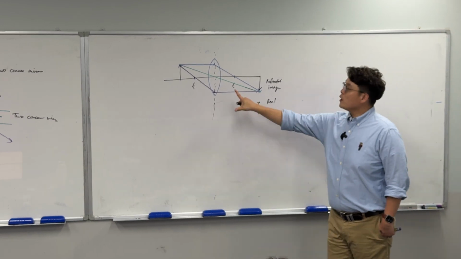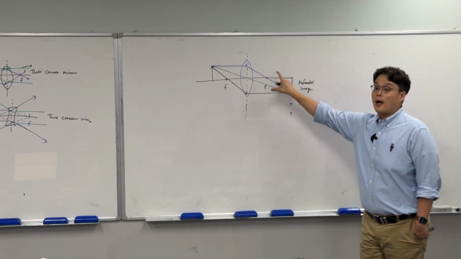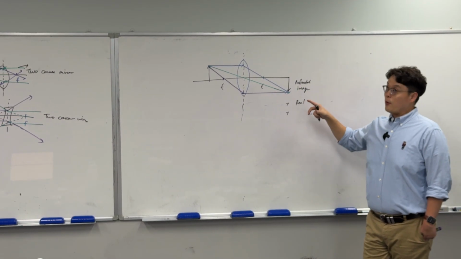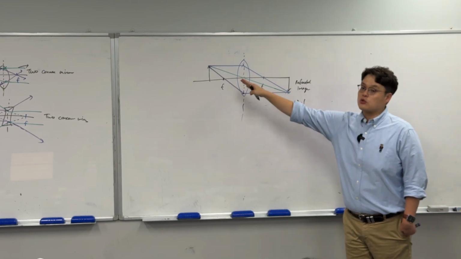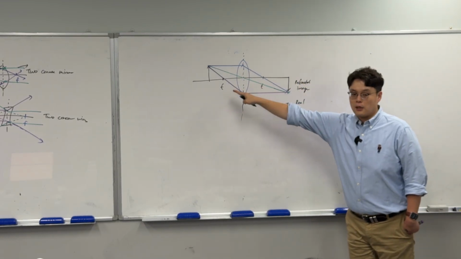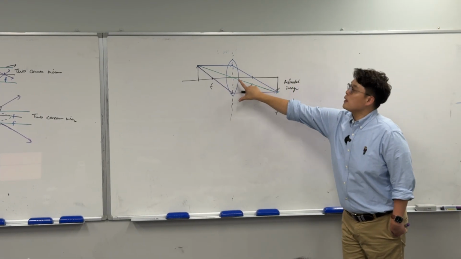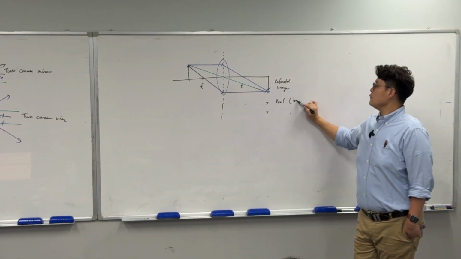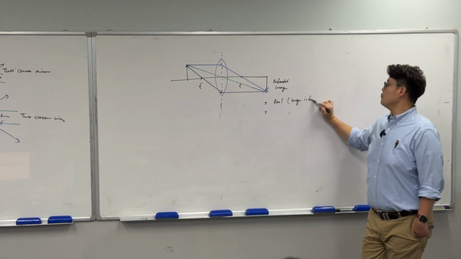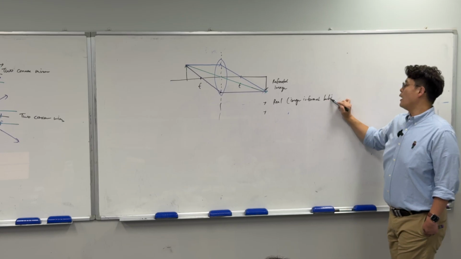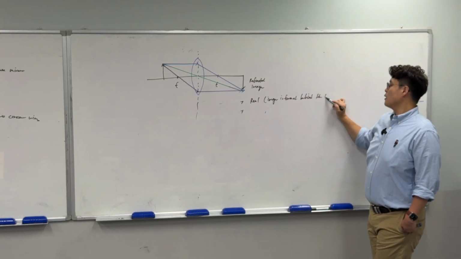Okay, now for lenses, the image must be formed behind the lens because that's the purpose of lenses. They need to be transparent so they can pass light through. So the image is formed behind the lens.